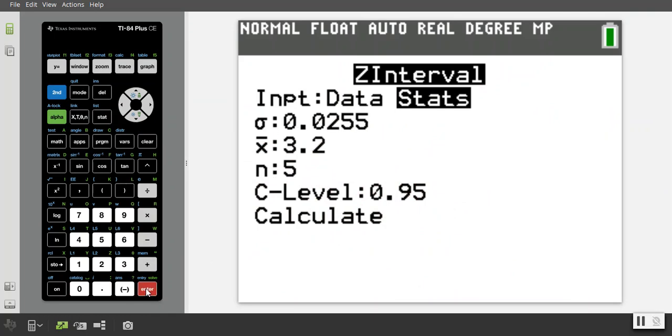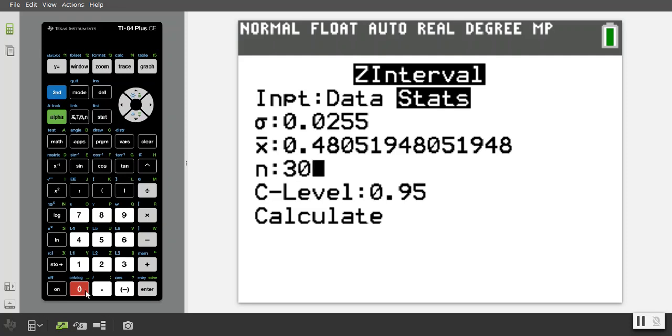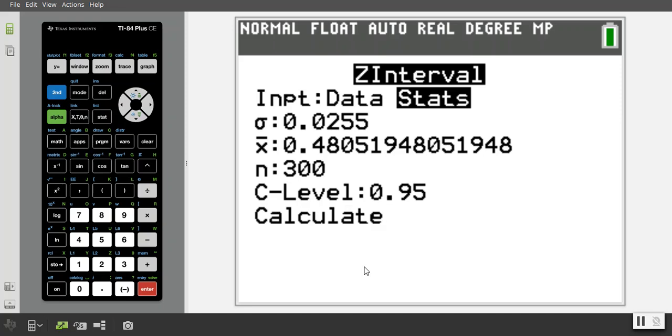The mean was 185 divided by 385. And we have that the sample size was 300. And the confidence level was 95%. So we just hit enter.